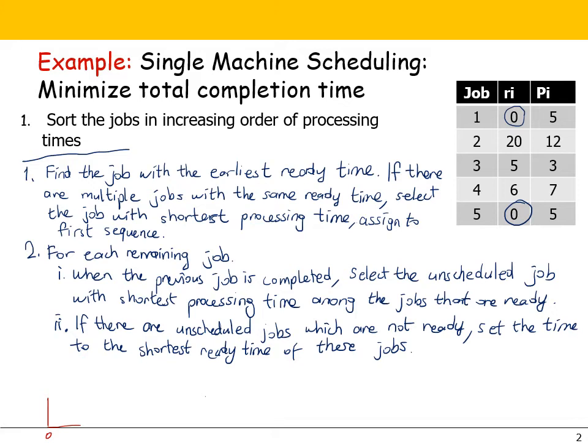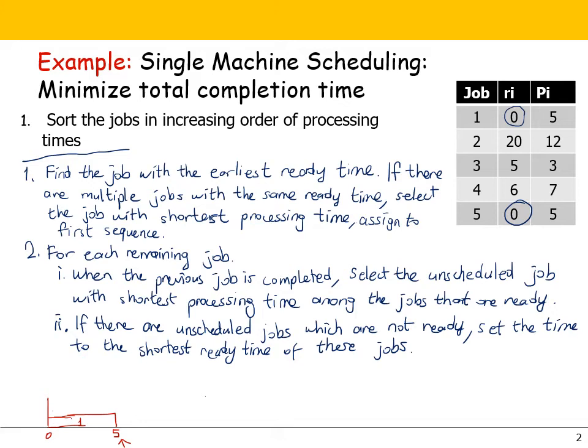They both have the same processing time, so we need to select one of them, either 5 or 1. It doesn't matter. I will start from 1 this time. So let's say that this is job 1, which goes from 0 to 5. And then we are currently at time 5.